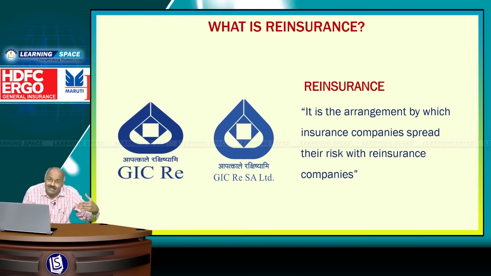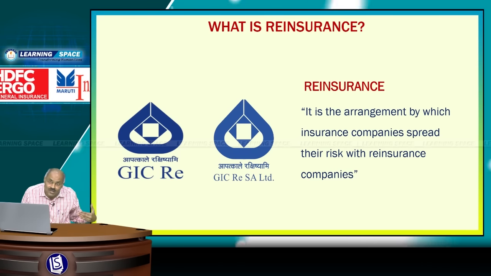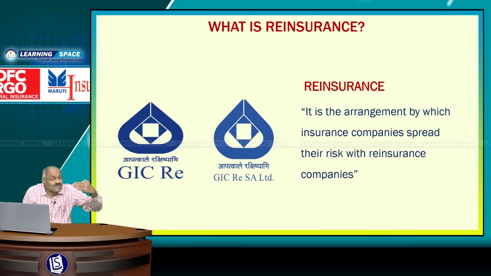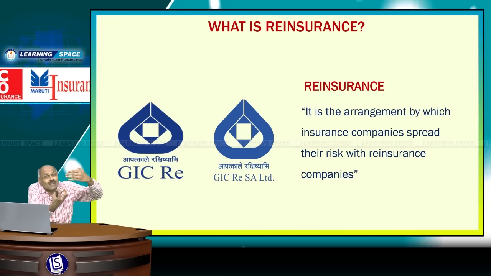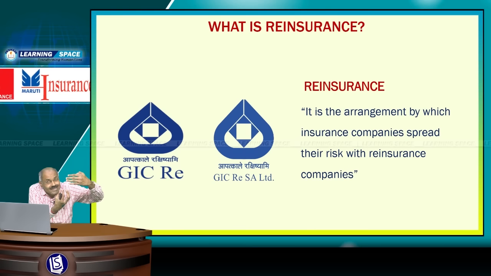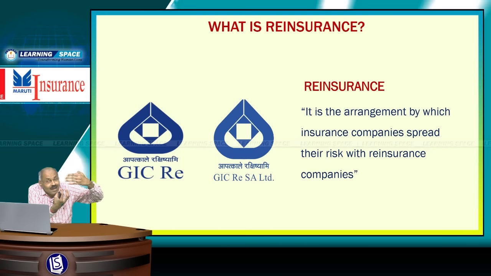As we have already discussed, General Insurance Corporation of India Limited was established in the year 1972, and 4 subsidiaries were formed under it by amalgamating 107 general insurance companies.